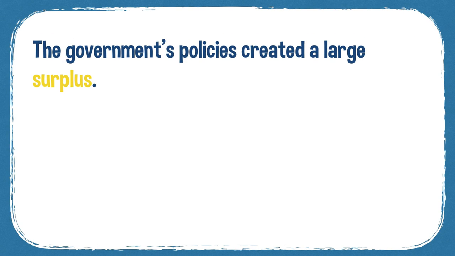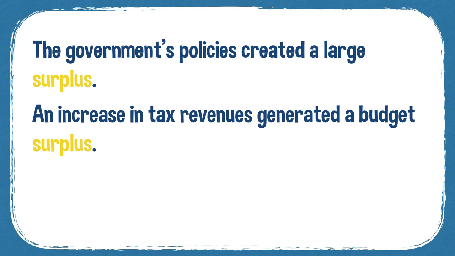So for example, the government's policies created a large surplus. An increase in tax revenues generated a budget surplus. So more tax but less spending, or spending stayed the same, so there was a budget surplus. That means that the government got more income than it spent.